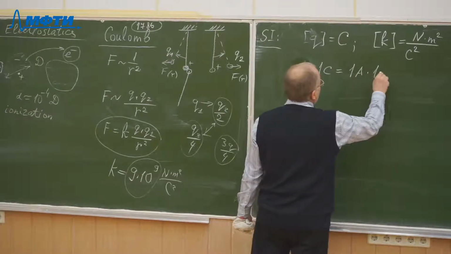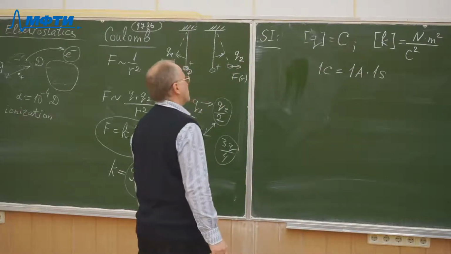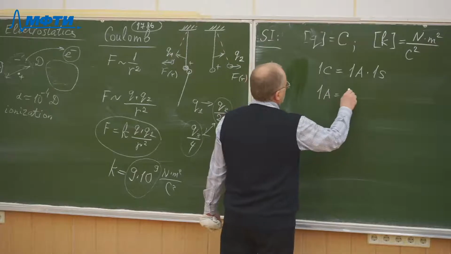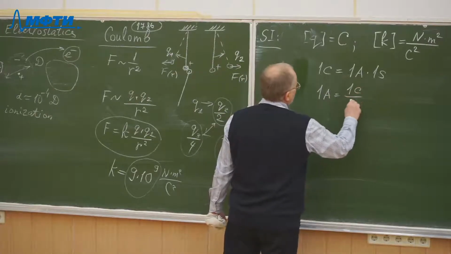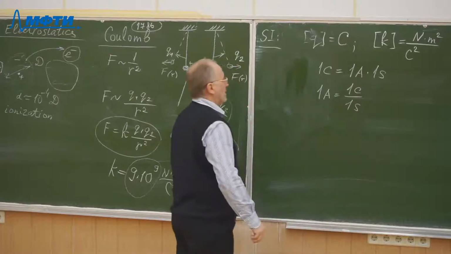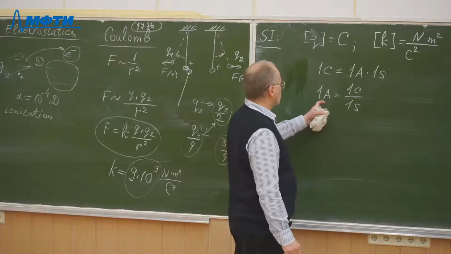So it's 1 ampere, 1 second by 1 second. So 1 ampere is a charge of 1 coulomb transmitted during 1 second. A coulomb per second, that is the current of 1 ampere.